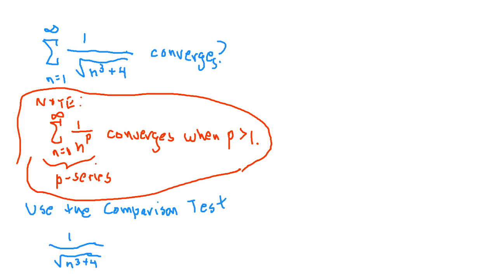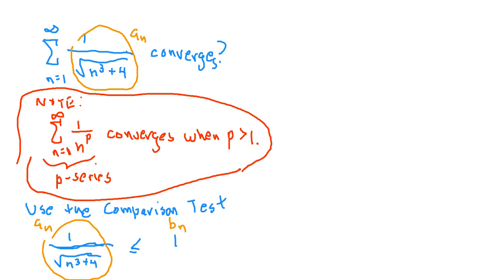I'm going to take that term. This is the term of the series, the a sub n. And I want to set that less than or equal to a term b sub n, and I've got to figure out what b sub n is going to be.